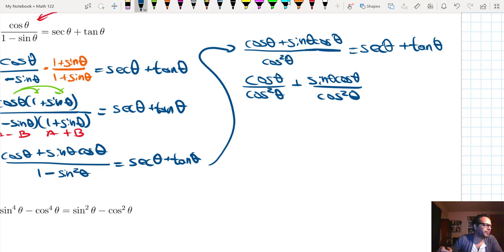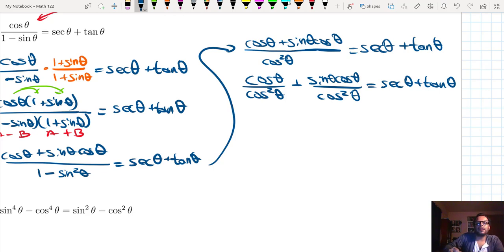So what is going to happen here? Let me write it down correctly: secant theta plus tangent theta.